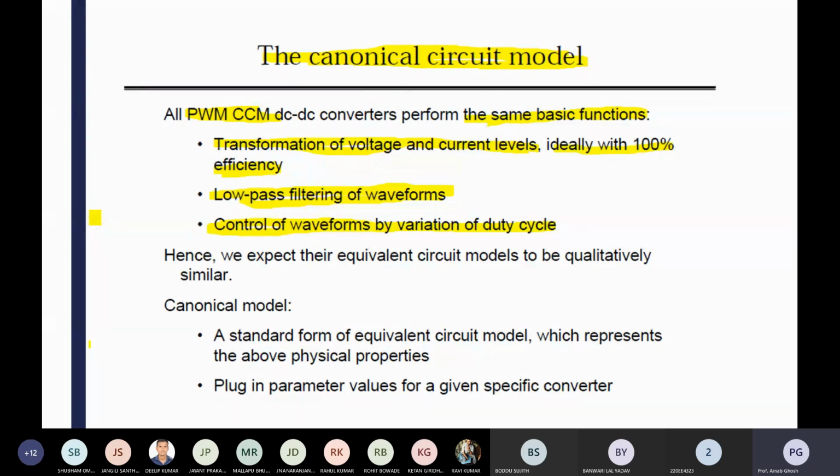In the calculation, you can omit some of the even harmonics, but how do you remove the odd harmonics? So filter design is another important issue. And control of the waveform by variation of the duty cycle: how does your control signal waveform look?